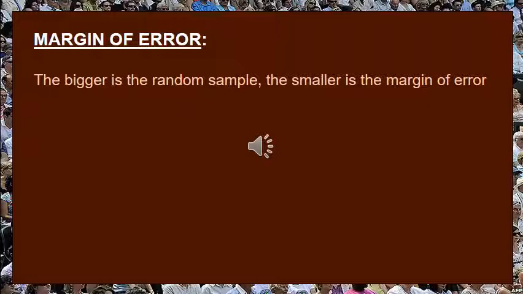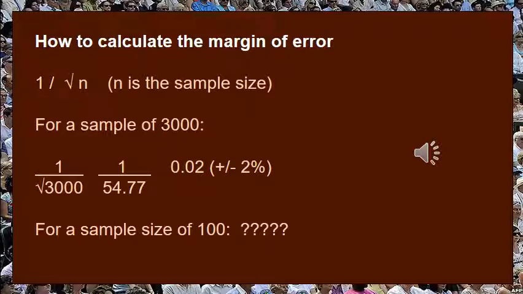We want a small margin of error, we want small variability, so we use big samples ideally. There is a very simple formula to calculate the margin of error, and what you need to calculate it is the size of your sample, the number of subjects included in your sample. The formula is the following: 1 over the square root of n, n being the sample size.